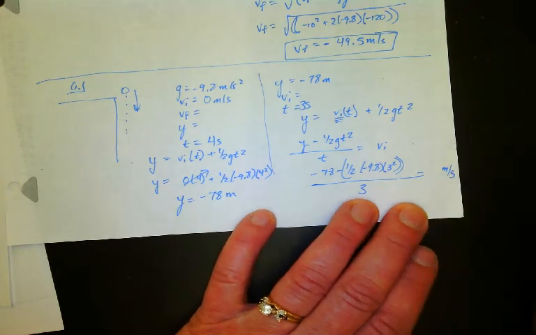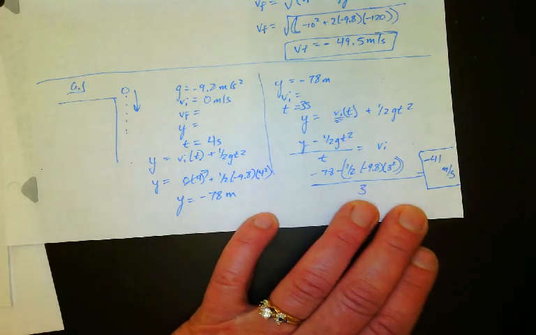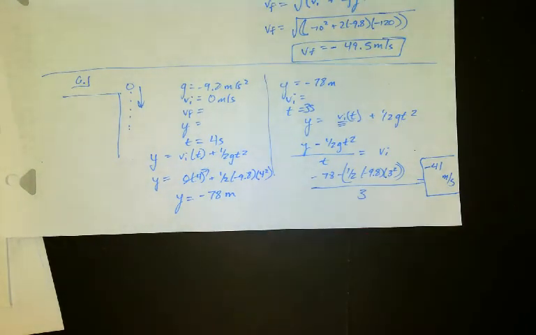I got negative 41. Negative 41. Did we agree on that? Charlie, did you do that? Nope. Is that what you got? Yep. Okay. Are we sure?